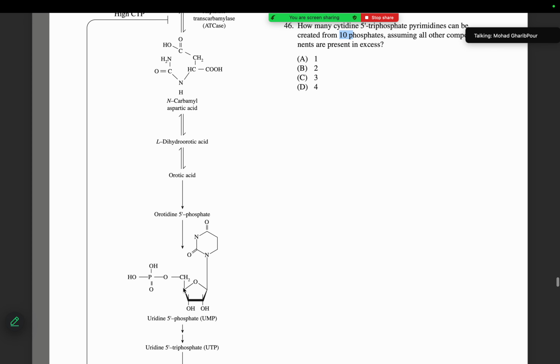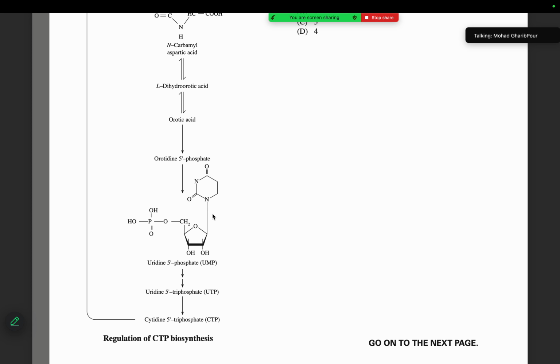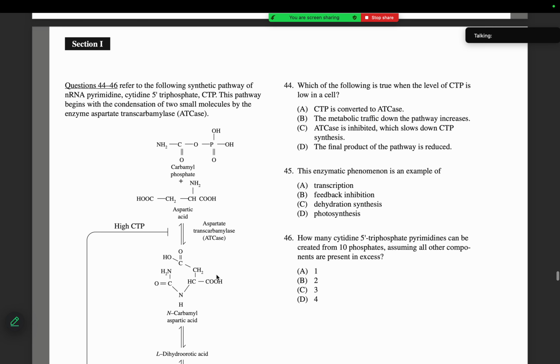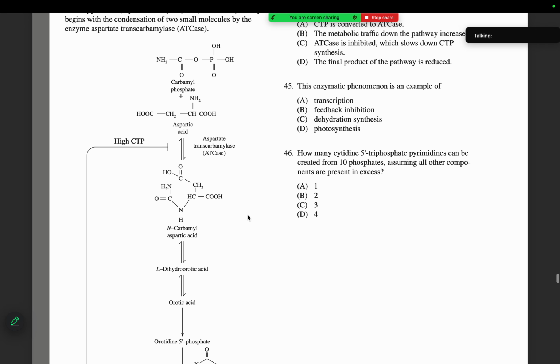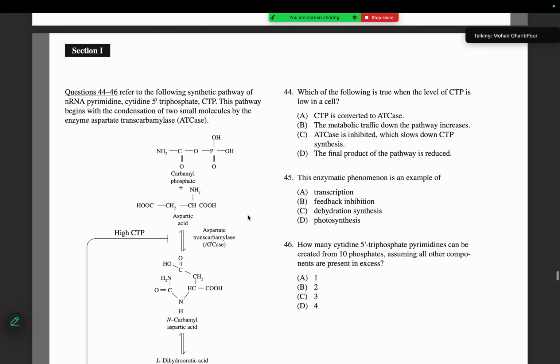You got one phosphate added here, and then another. Okay, you go from monophosphate to triphosphate, so you add 2 more over here. So 3. You need 3 per molecule. I don't see phosphate being added anywhere else.